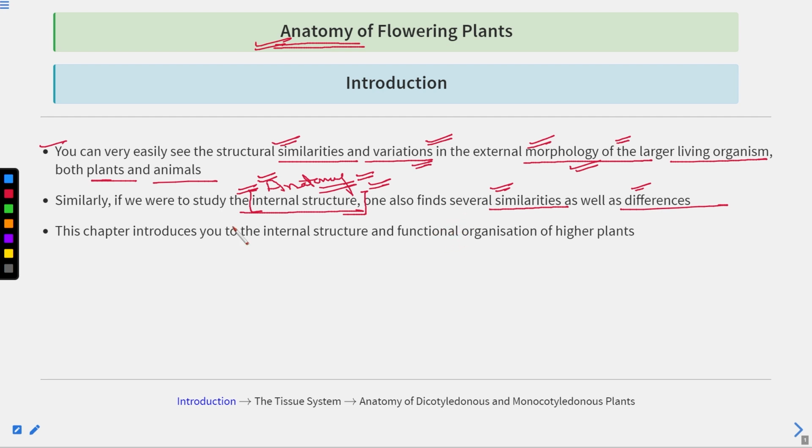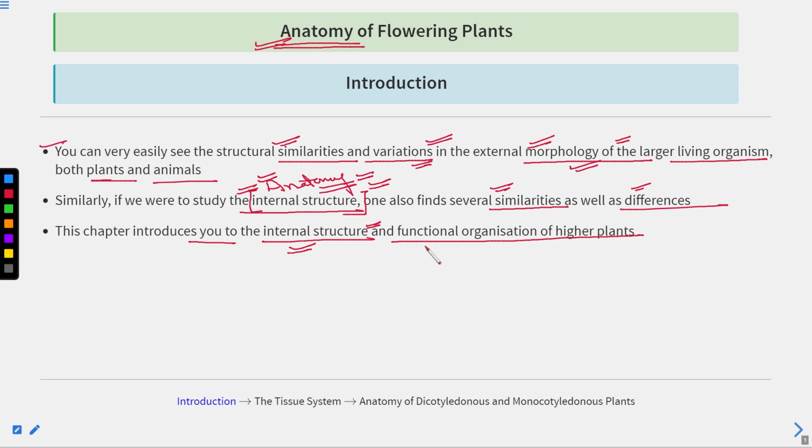This chapter introduces you to the internal structure. Here we are studying the internal structure and functional organization of the higher plants. Those internal structures are very important.